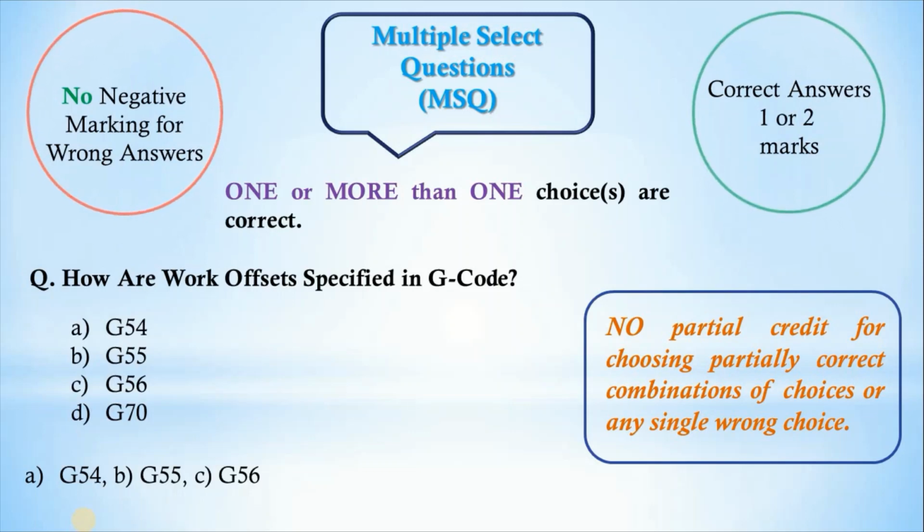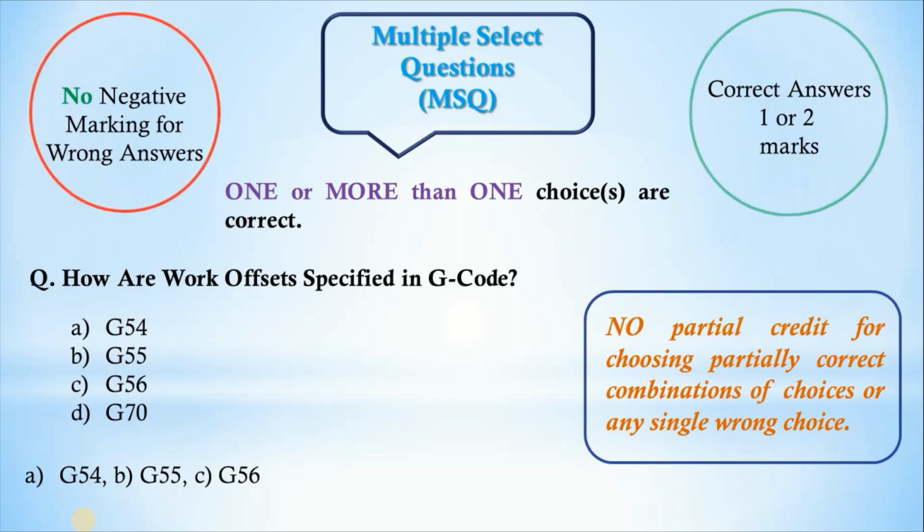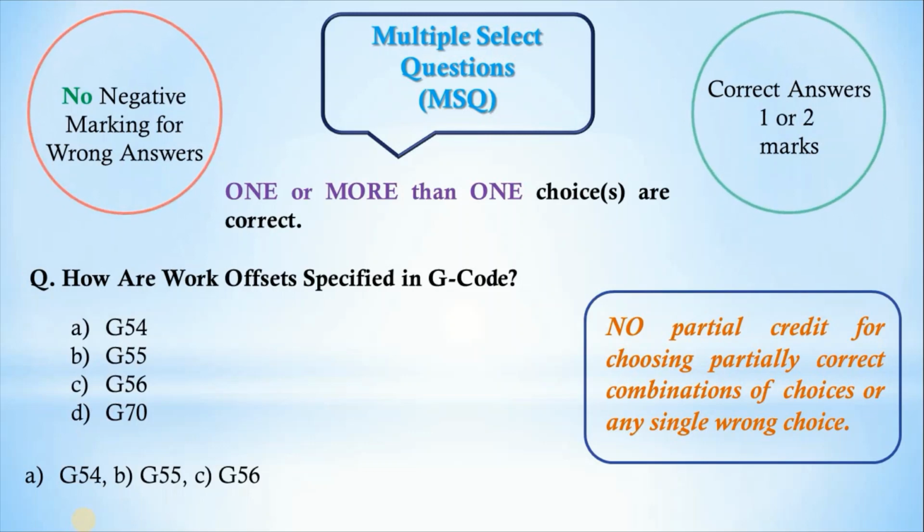You have to select all these 3 options, then you will get the correct marks, either 1 mark or 2 marks. So while looking at this question, you can see options A, B, C are all correct, so we have to select all 3 options. If you select 1 or 2, then the marks will not be given. Also there will be no negative marking for wrong answers.